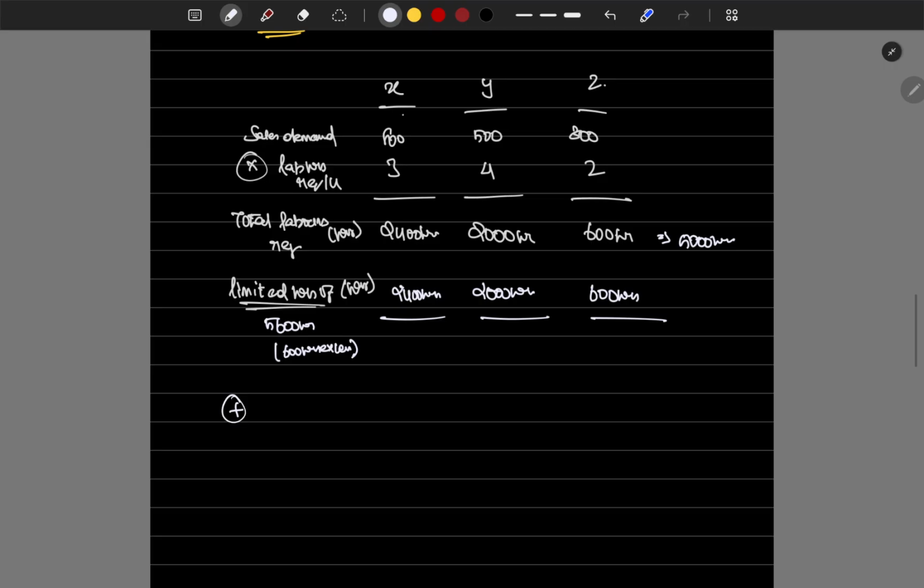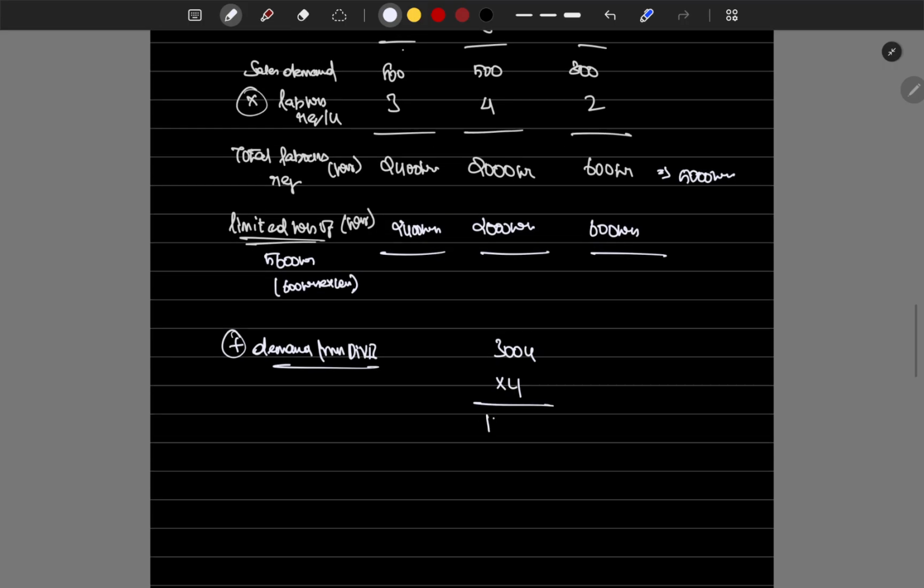So here we have the demand from division B. If the demand from division B is 300 units, 300 into how many labor hours it requires? 4. 300 into 4, total 1200 hours we require, but we have 600 hours excess, balance 600 hours shortage.